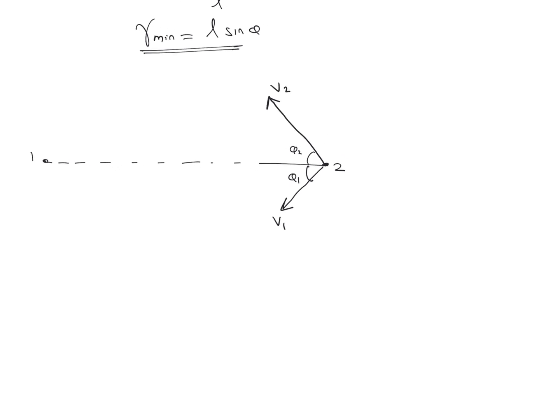Now if you are finding out the components of these velocities along the line joining 1 and 2 and perpendicular to that, you can write the component of v2 along this direction is going to be v2 sine theta 2, and the component of velocity along this direction is going to be v2 cos theta 2. Same as if you are resolving this v1 into its components, components of v1 along this direction is v1 sine theta 1, and the component of velocity along this direction we can take as v1 cos theta 1.